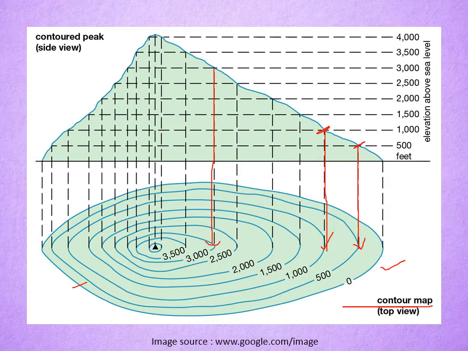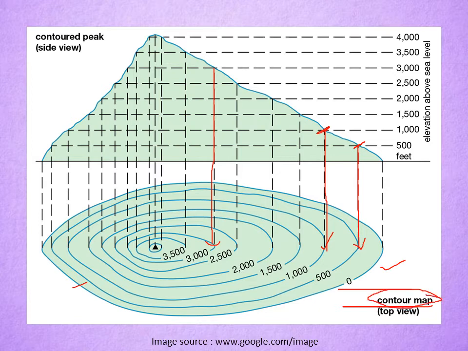Thereby we represent that three-dimensional thing as a two-dimensional body on our plain paper. This type of map, which represents a three-dimensional object in two-dimensional perspective, is known as a contour map.